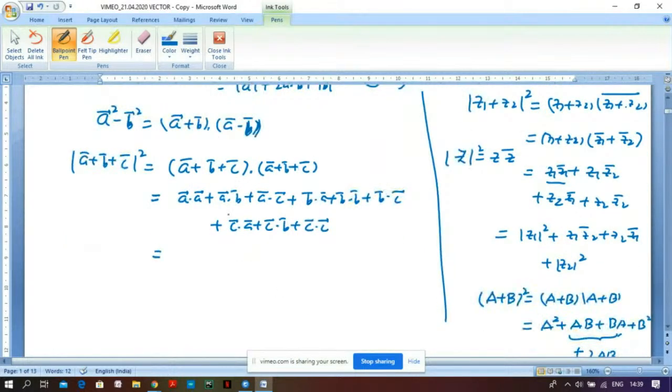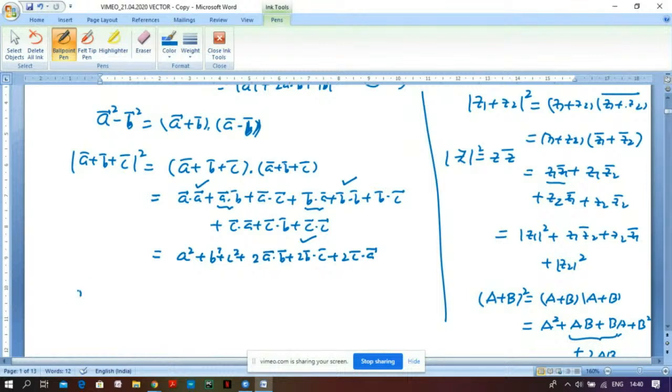Now a dot b and b dot a, they are same, and that becomes 2 a dot b. So it means you will get here a squared, b squared, c squared. So a squared plus b squared plus c squared plus twice a dot b plus twice b dot c plus twice c dot a.